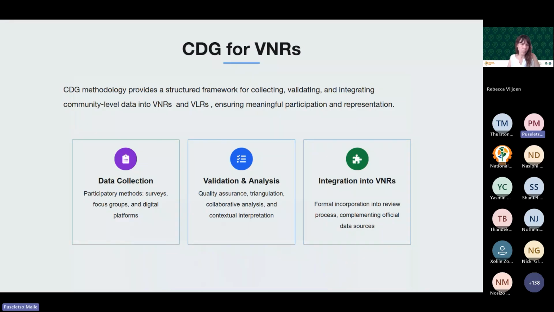So under citizen-generated data, different participatory methods can be used, including surveys, focus group discussions, as well as digital platforms. It also assists with the validation and analysis of data. It ensures that there is triangulation, quality assurance, collaborative analysis, as well as contextual interpretation.